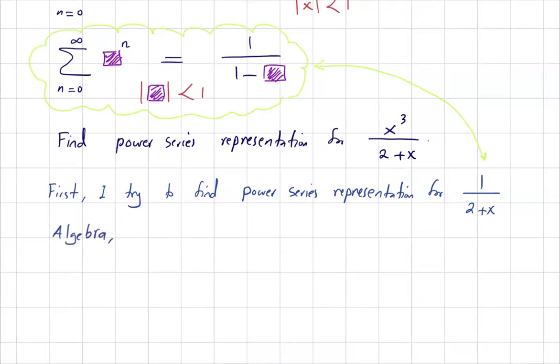By doing algebra, 1 divided by 2 plus x can be written as 1 divided by, I'm going to factor out 2, 1 plus x divided by 2. So here I factored out 2.